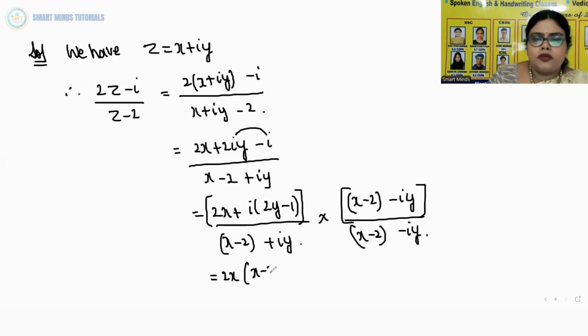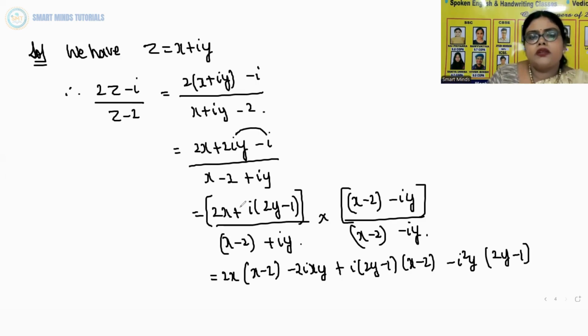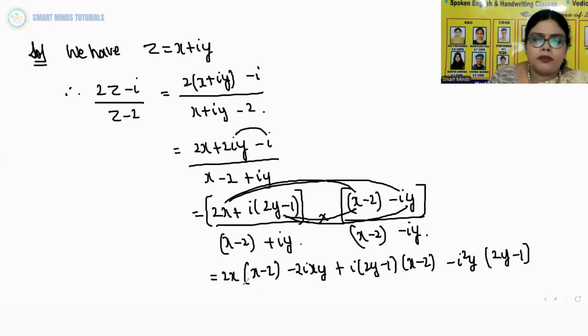So 2x into x minus 2 minus 2ixy. Then i into 2y minus 1 we are multiplying with x minus 2 minus i square y into 2y minus 1. So how did we multiply? This into this into this, then this into this into this. Like this I multiplied. Denominator is a plus b into a minus b, so we can take a square minus b square.